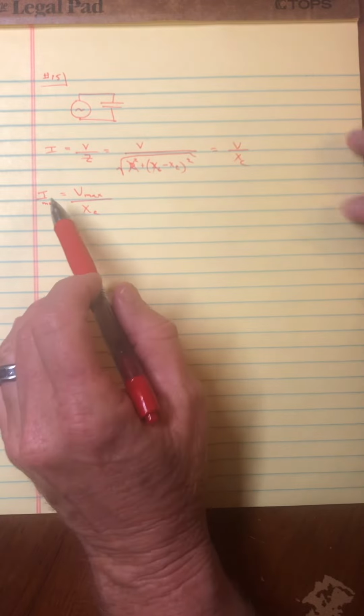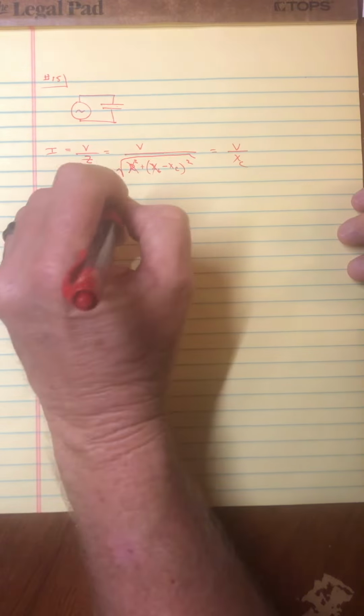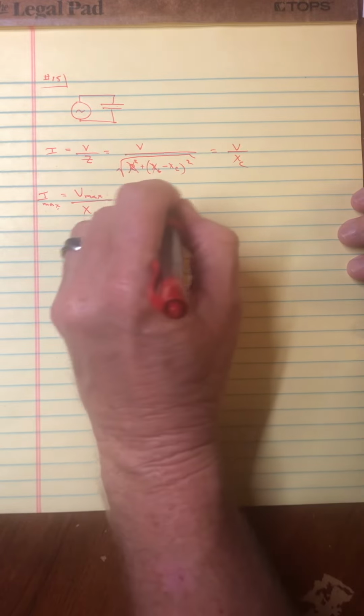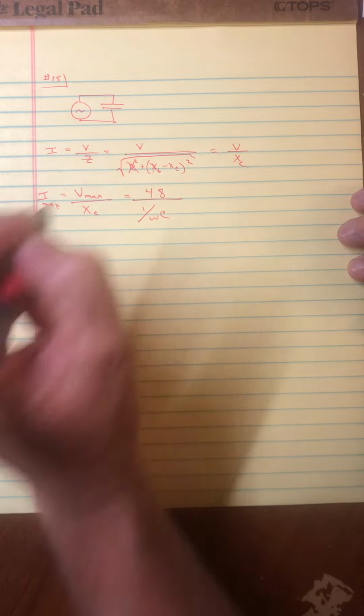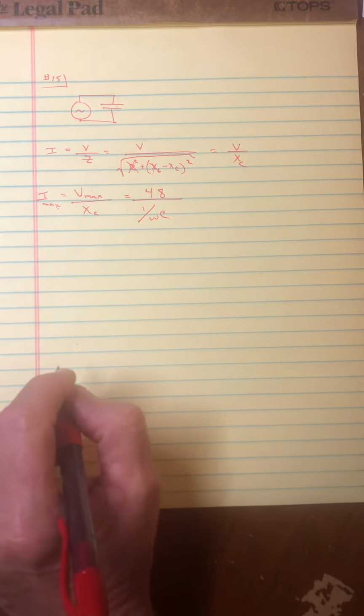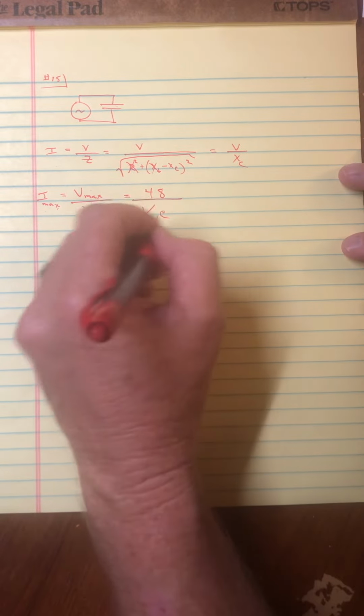But once you pinpoint the particular problem, and in this one, the maximum current and the voltage maximum, I'll put maximum with maximum. So this maximum voltage is 48 volts, and the reactance is 1 over omega C. I don't know if you want to separate or calculate that on its own.